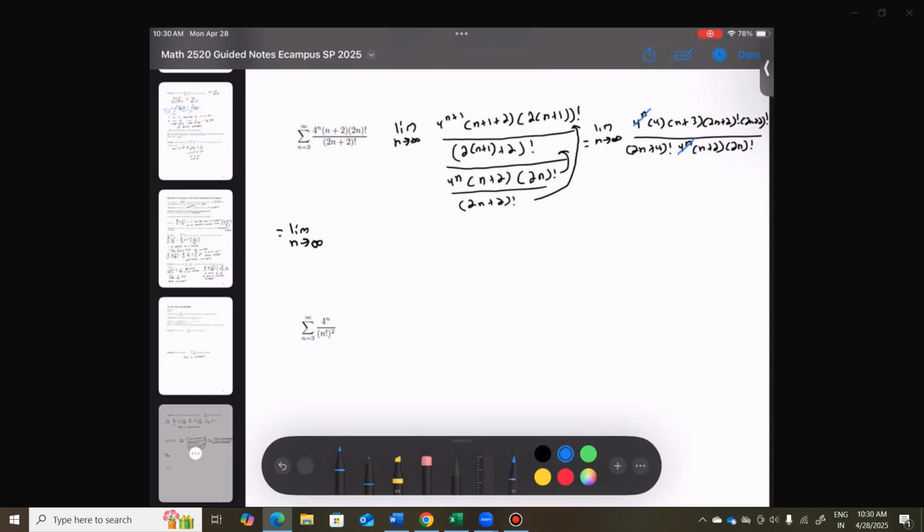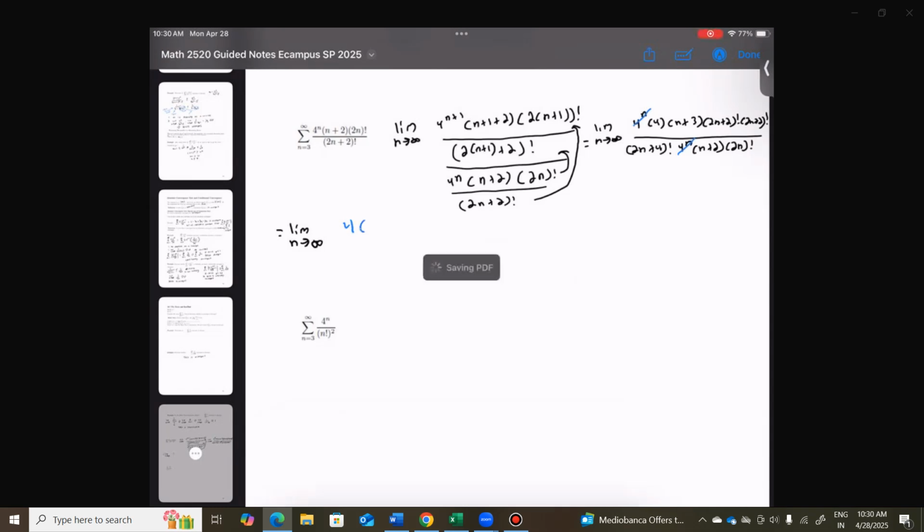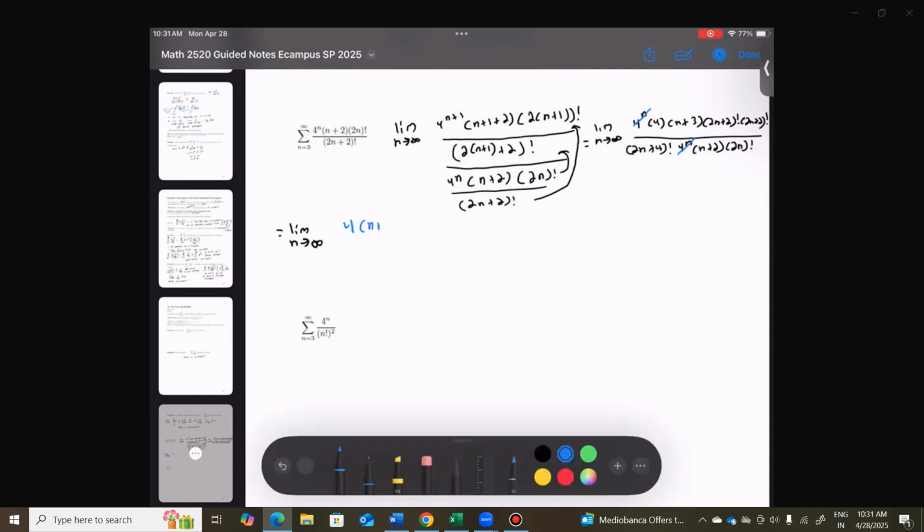And so we have a 4 on the outside. And we will have n plus 3.